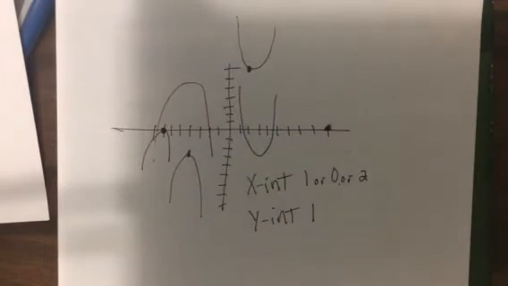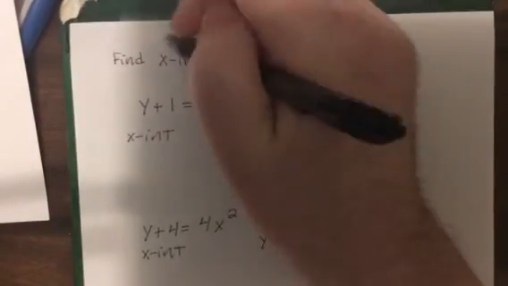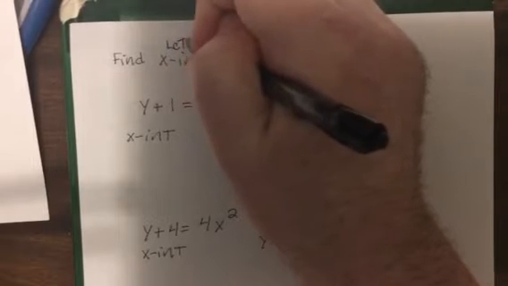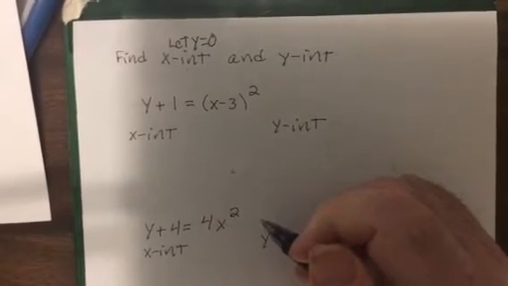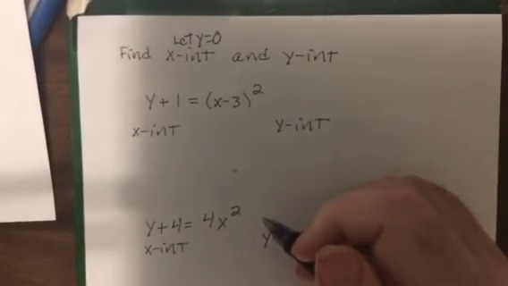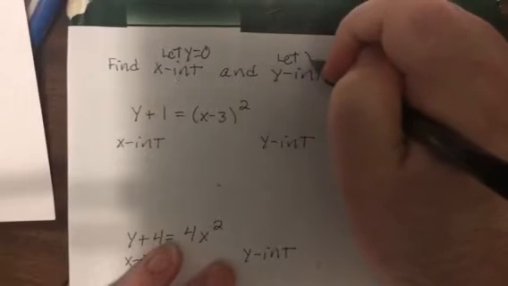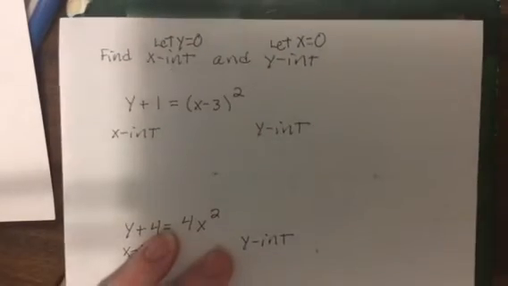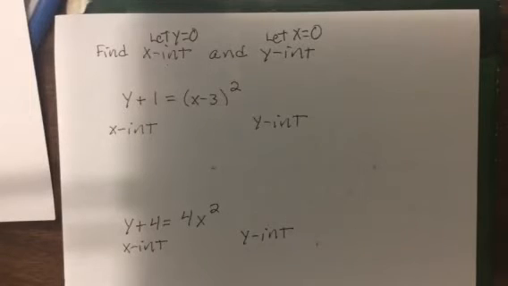So whenever you're on the axis, the other variable is 0. So to find the x-intercept, you let y equal 0, because you're just going left to right on the x-axis. To find the y-intercept, you let x equal 0 and solve, because you're just going up and down if you're at a y-intercept.